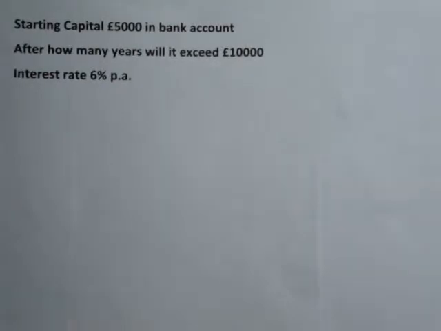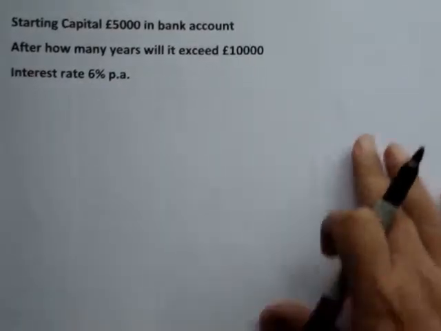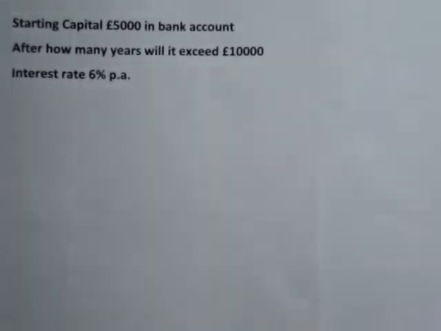Series and sequences are sometimes used to calculate interest per annum. So if we have a starting capital of £5,000 in the bank, how many years will it take to exceed 10,000 with the interest rate at 6% per annum?